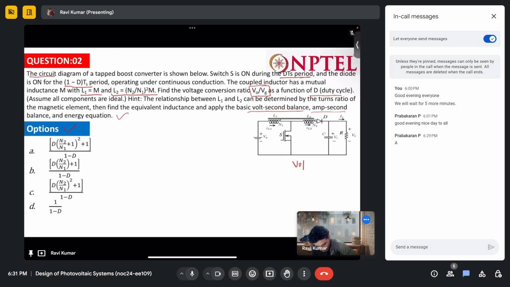V naught is this one and Vg is this one. So first of all, calculate the voltage across this inductor at on condition, then off condition. There will be two equations, and then for the entire cycle make them 0. Then you will get this ratio.